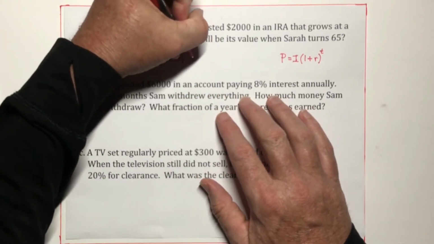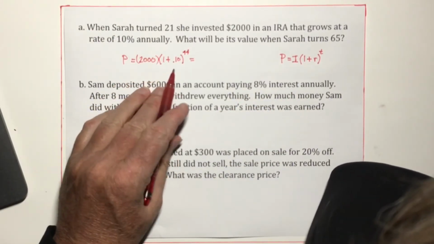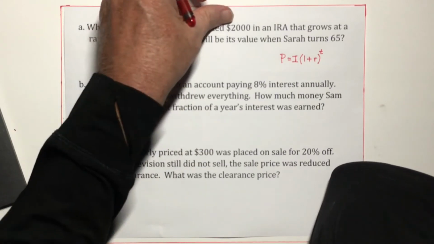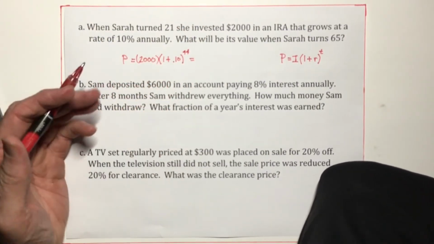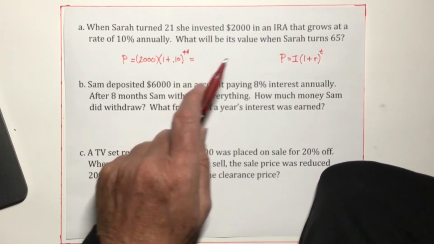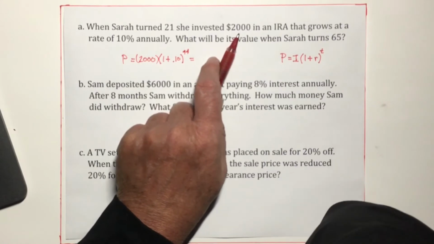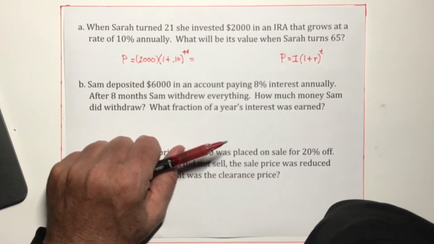Now, you might look at that and think, holy guacamole, we're going to take something and raise it to the 44th power? What could that possibly be? Well, before we figure this out, I want you just to guess. What do you think you would wind up with in the bank if you invested $2,000 at 10% interest and you just didn't touch it again for 44 years?